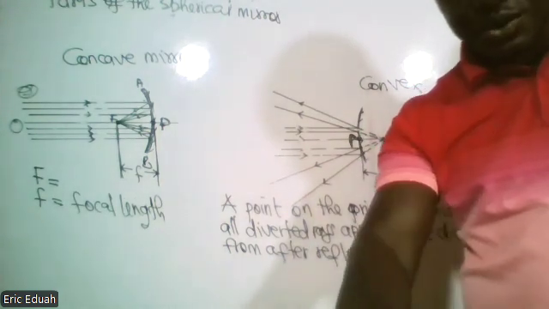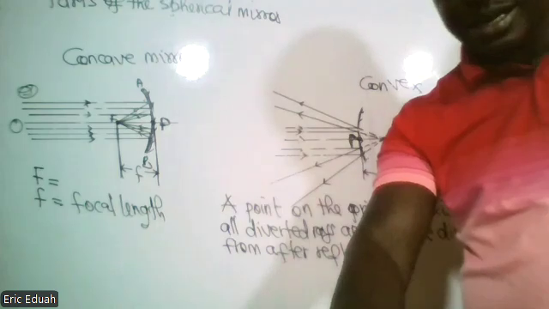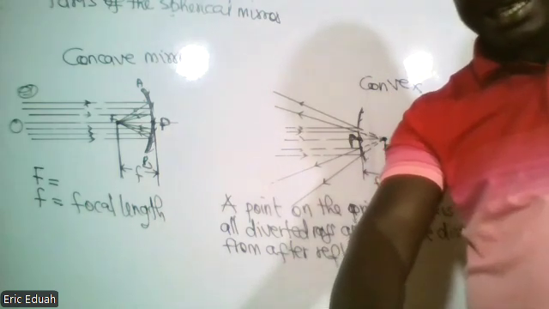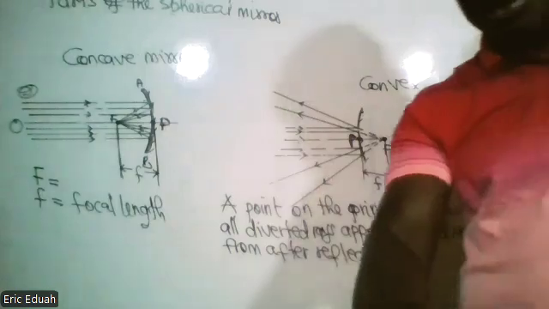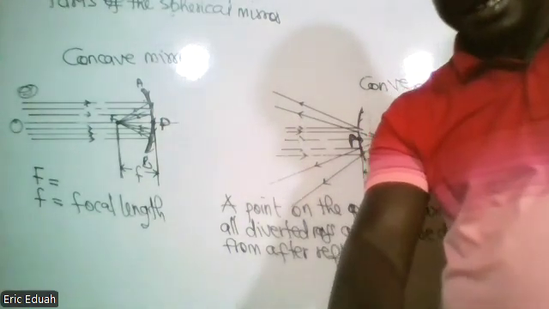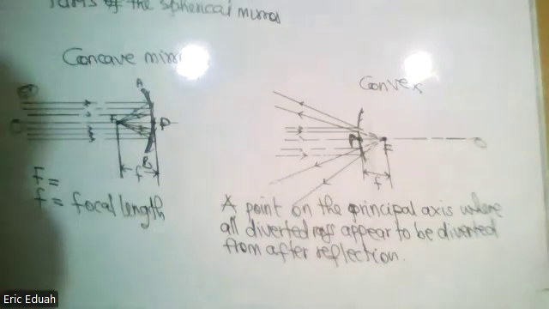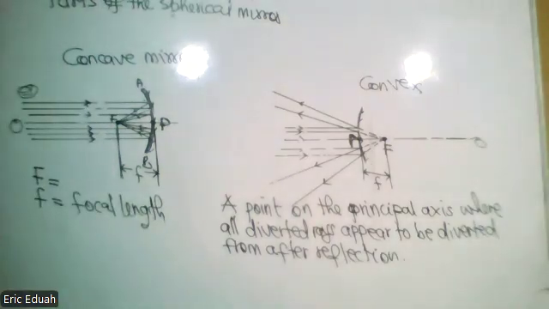Let me give it to Delix. Dela, you're also here. Delix or Dela, the DDs. Try. It's just a trial, okay? Just trial. Delix, try. The principal focus of a spherical mirror.